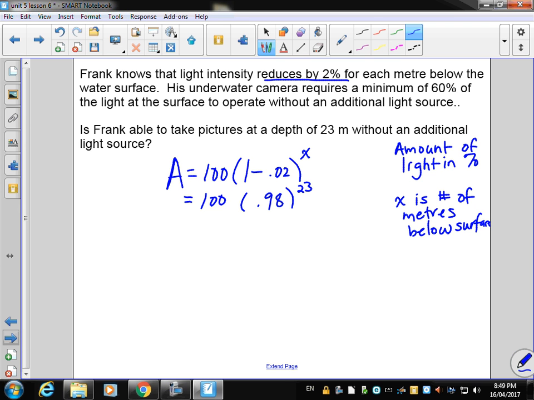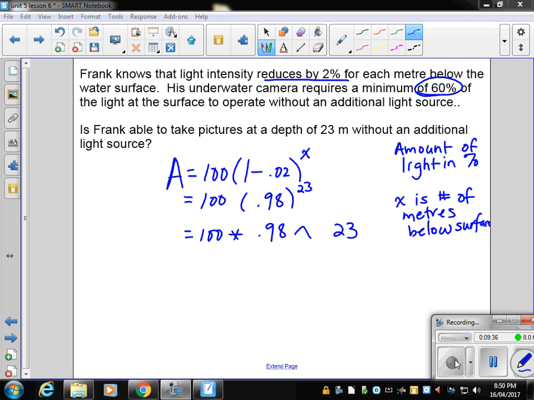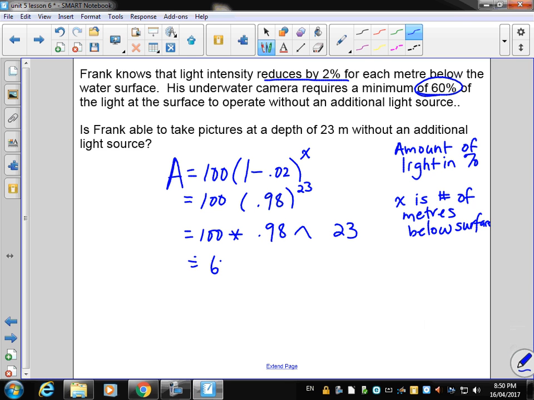So we want to know if I am at 60% or better. So let's see. 100 times 0.98 to the power of 23, which is 62.83. So I have almost 63% of the available light, and it says I'm okay if I have 60%. So he should be okay and doesn't need an additional light source.